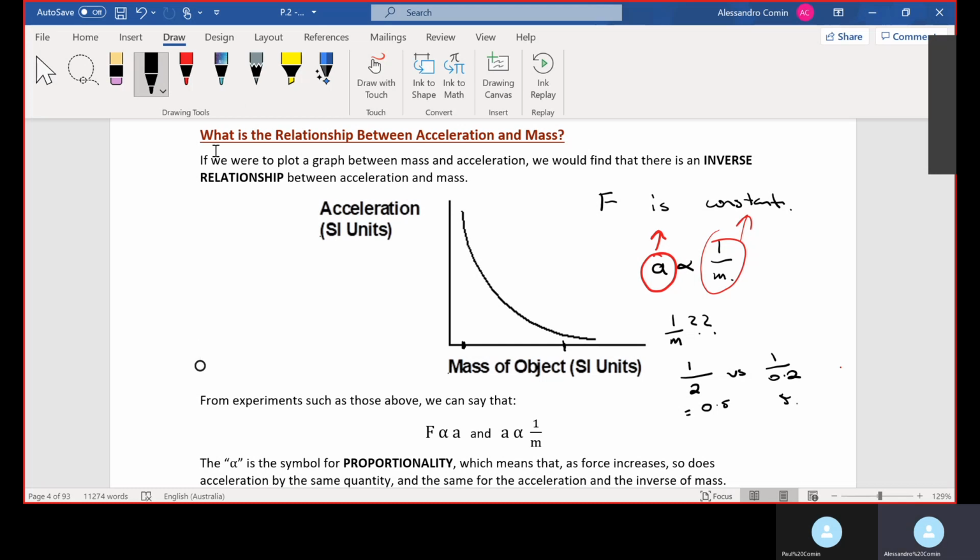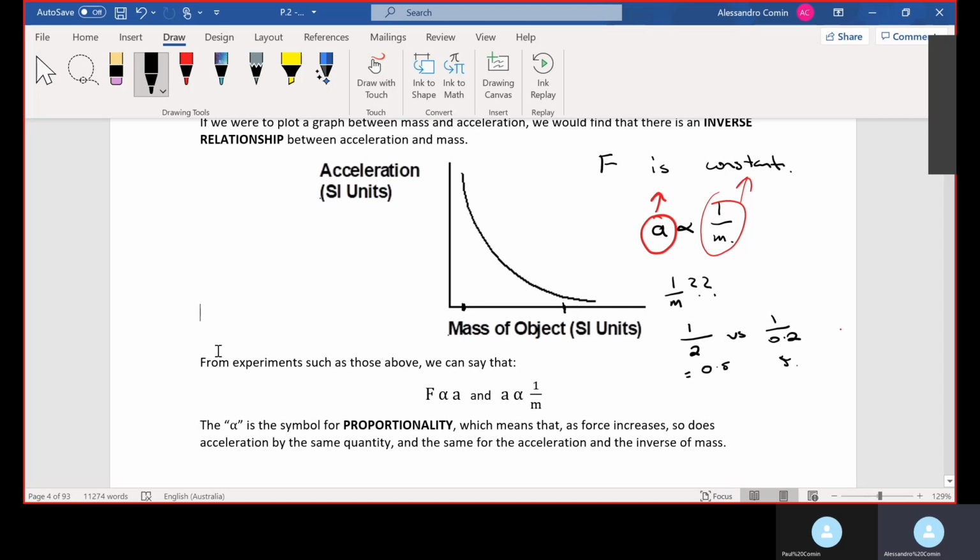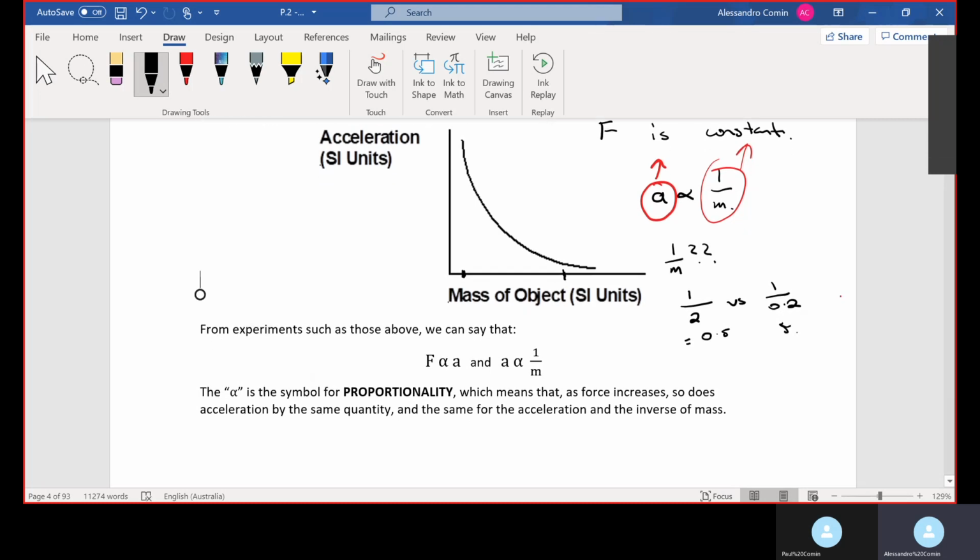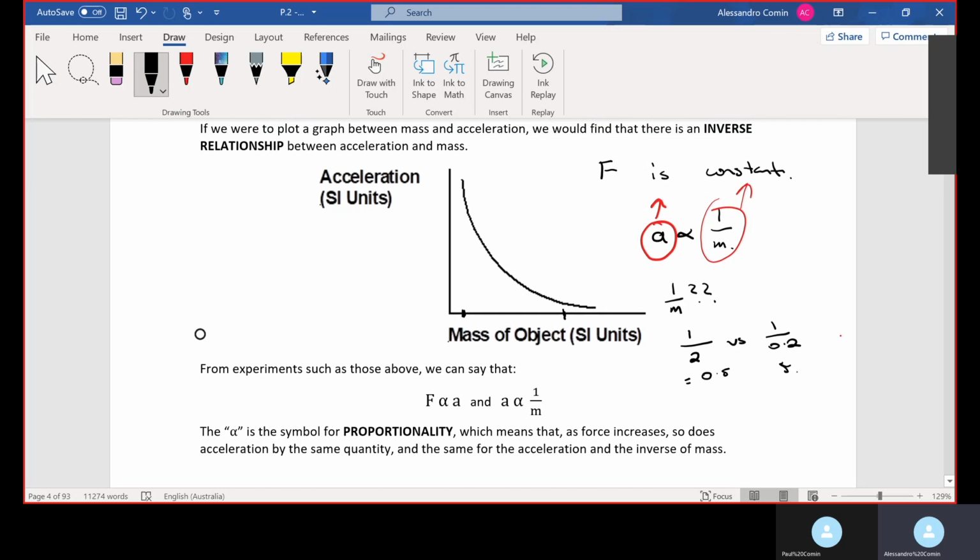And there's another final application to this, and this might be a little bit confusing right now, but technically A is proportional to 1 on M, because as the left side increases, the right side increases.